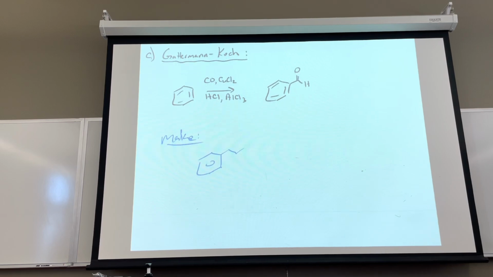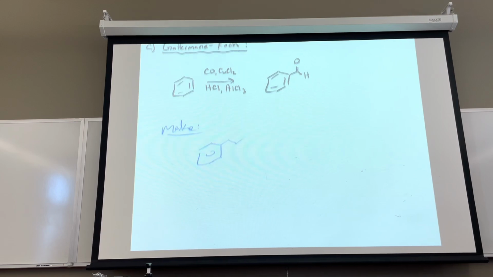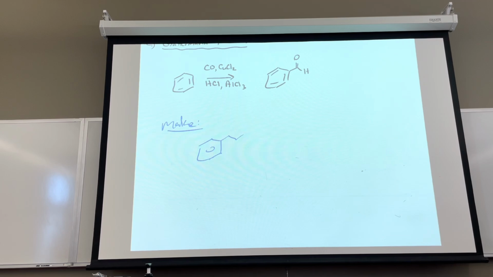We already discussed how you could not use Friedel-Crafts alkylation for this. Due to the carbocation rearrangement, you would end up making the isopropyl benzene. Okay, well, if I can't use Friedel-Crafts alkylation, could I use the acylation?